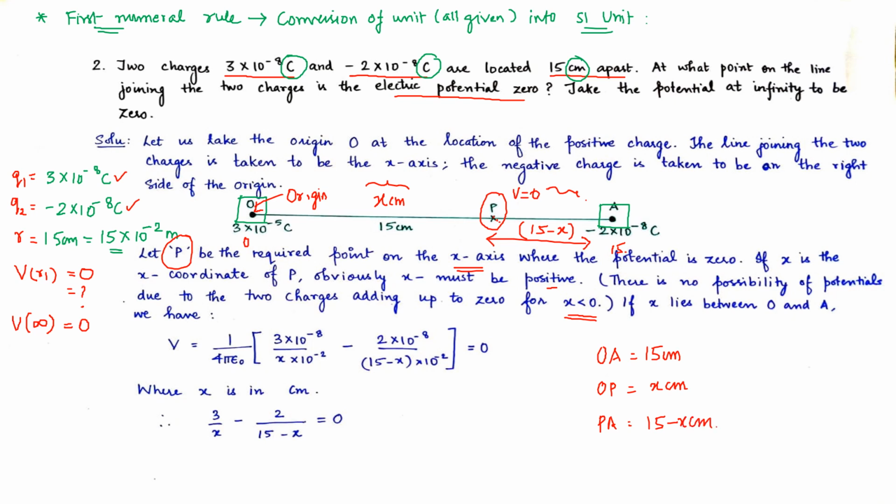Now potential is given by the formula V equals 1 by 4 pi epsilon naught into Q by R. So the potential due to OP minus the potential due to PA should be 0.